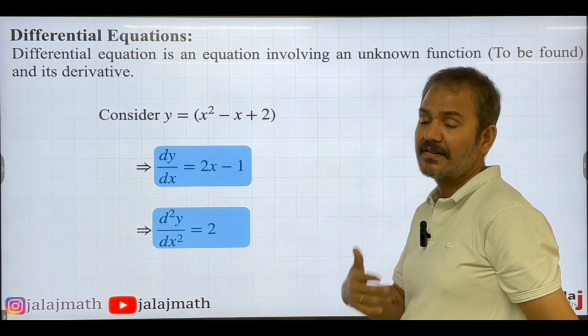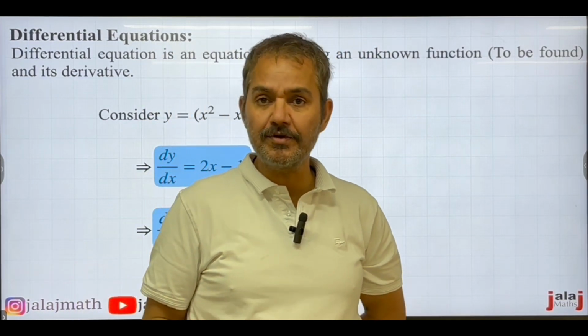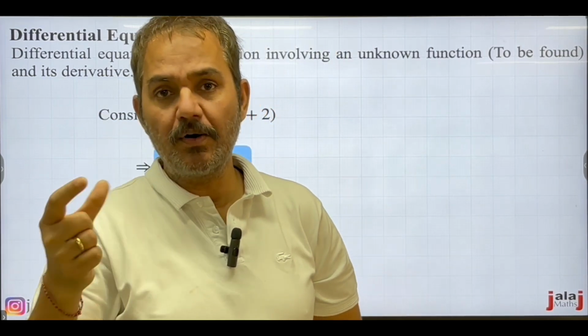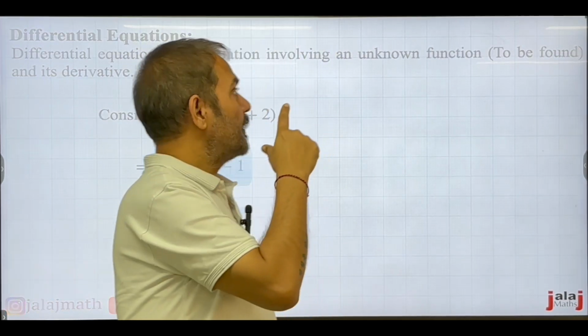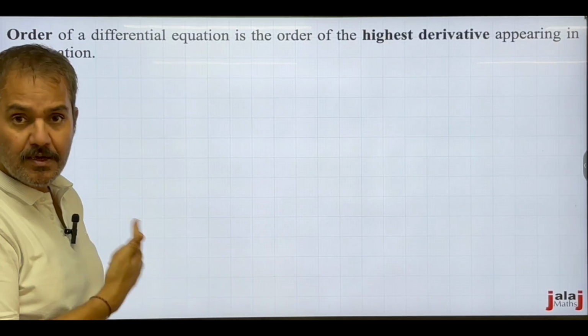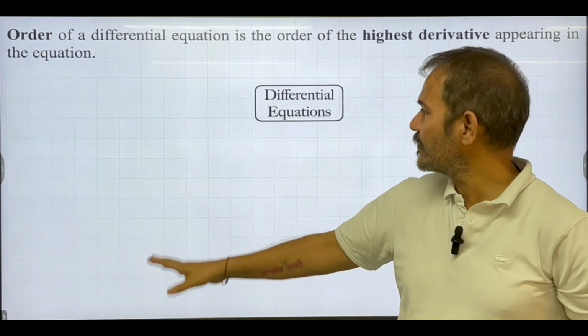If it contains the second derivative, it is called a second order differential equation. If it contains higher derivatives, then the order of the differential equation will be decided by the highest derivative appearing in the equation.